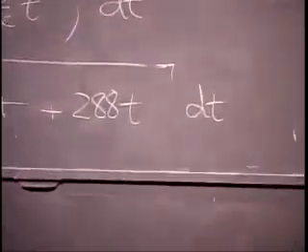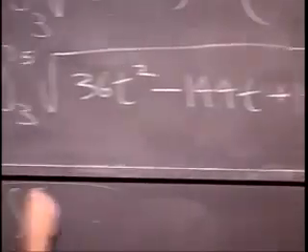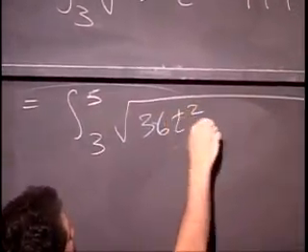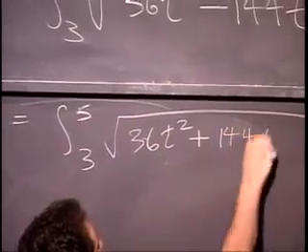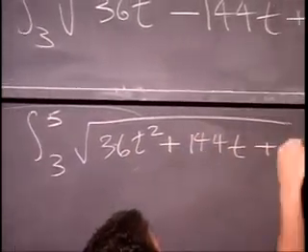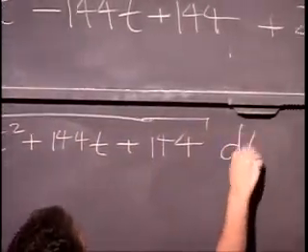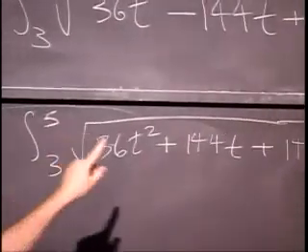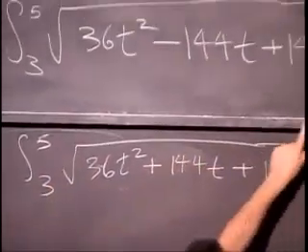So if you work this out, you get 36t squared plus 144t plus 144 dt. And you might notice that the original was 36t squared minus 144t plus 144.